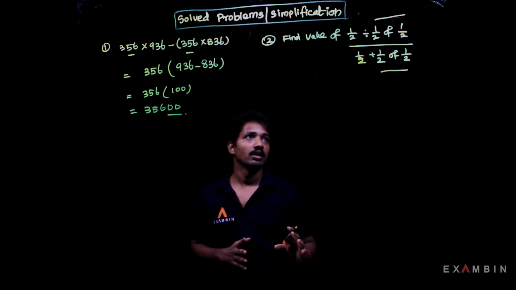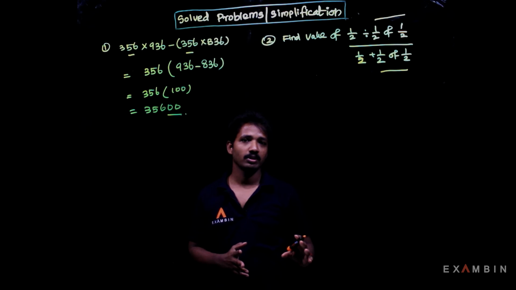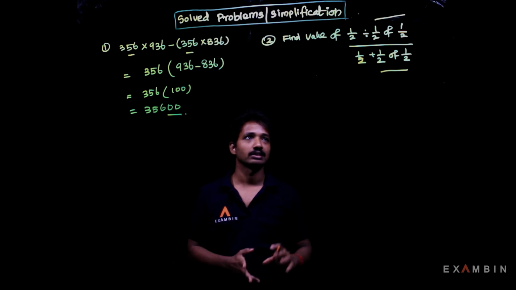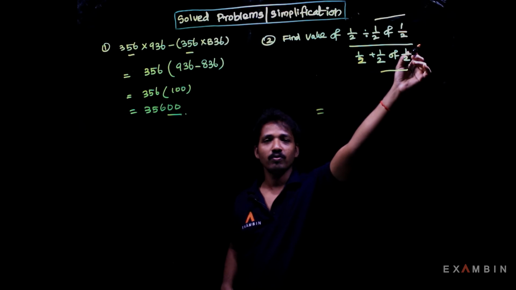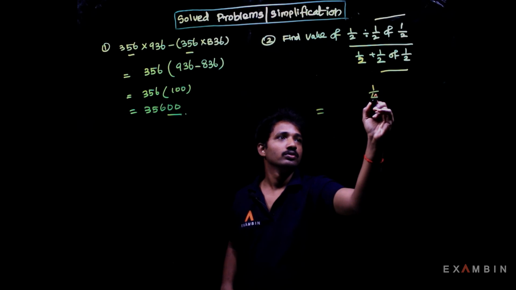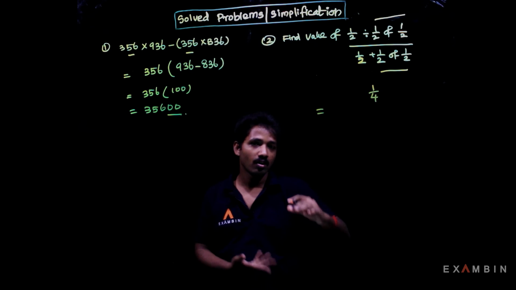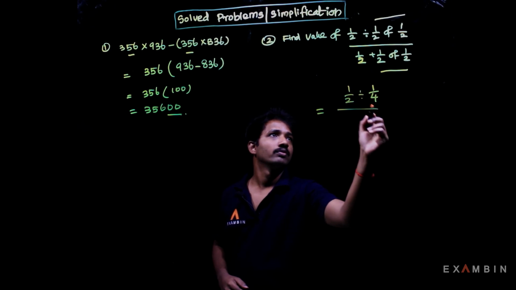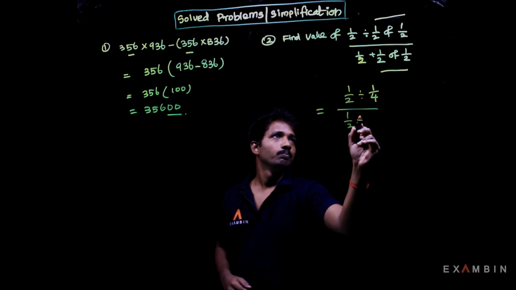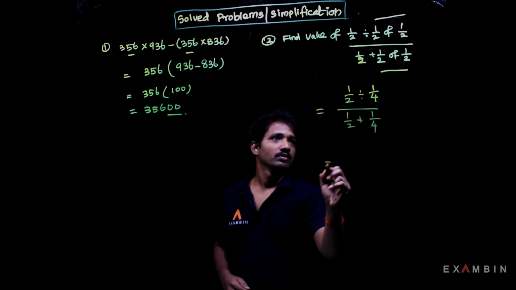This is just for understanding the concept and applying it to other examples. So 1 by 2 of 1 by 2 is 1 by 4. So half of a half is 1 by 4. That you can see. 1 by 2 divided by 1 by 4, and 1 by 2 plus 1 by 4.